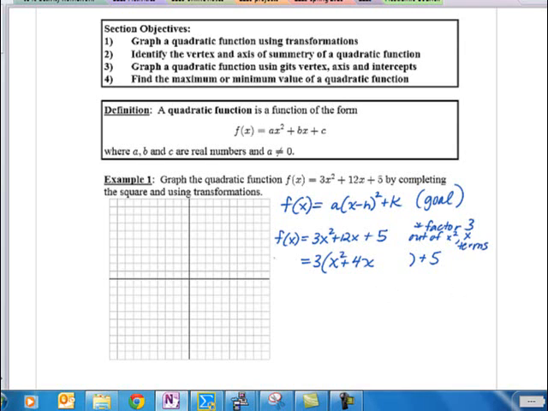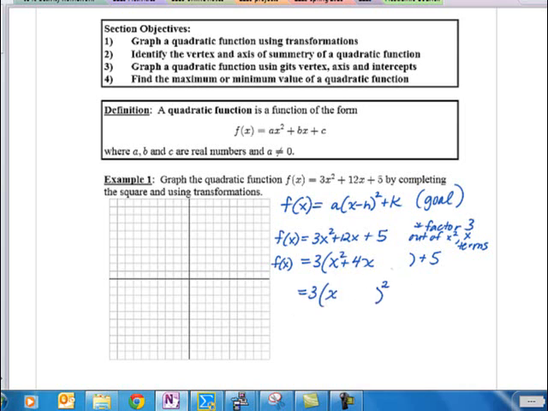So we're just rewriting this function. So we can factor that 3 out, that's fine. Notice I left it blank because what I want to do is now look at this group, the x squared plus 4x, and I want to make it a perfect square binomial so that in the next line I can rewrite it as a group squared instead of x squared plus 4x plus something else.